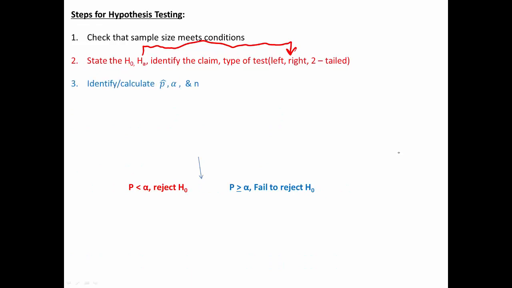And then number 3. Now, what do we identify or calculate? The pertinent values for our formula, but also just understanding what is this scenario. We already know what p is from step 2. That's what our hypotheses are. So what's p hat? Now 2 things will happen.